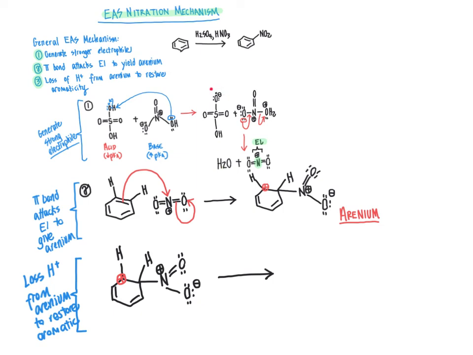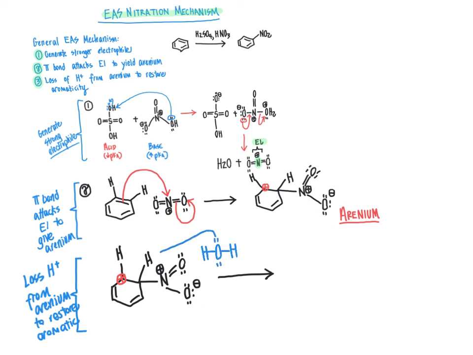If you go with the conjugate base from sulfuric acid, you would want to take the oxygen anion and use that as the base to grab a proton from the beta position of the Arenium. If you use water, we're going to use the lone pair of electrons from the oxygen for that. And in the interest of, I will call it laziness or space here, I'm going to use water, H2O.